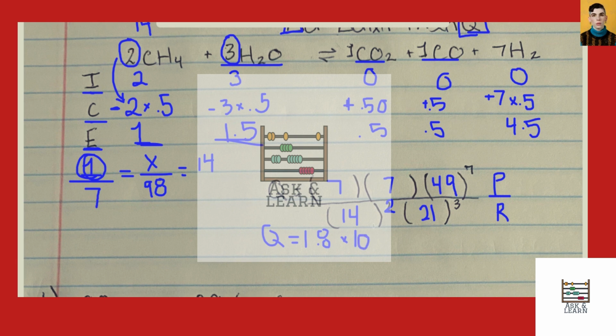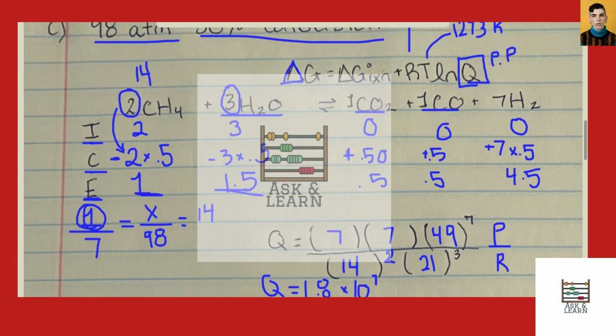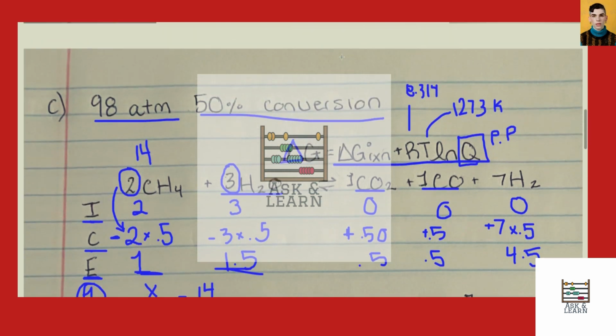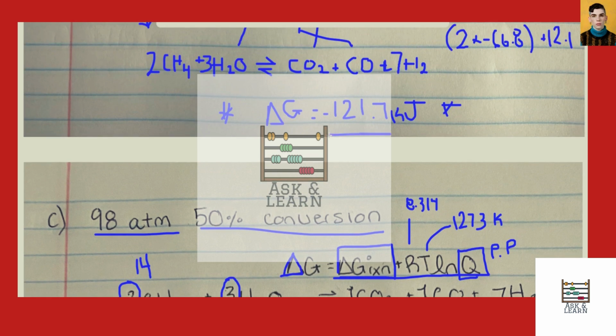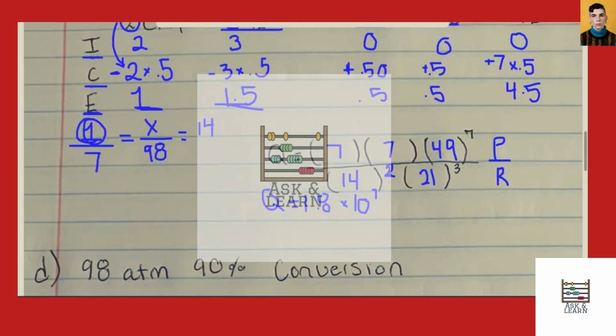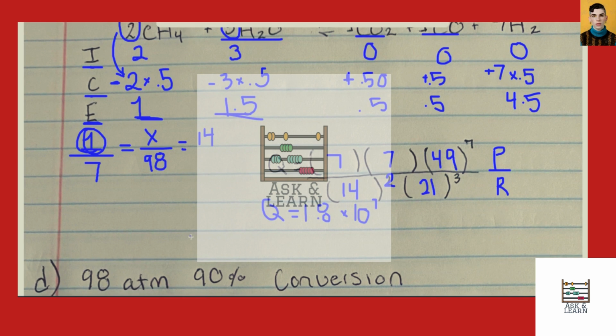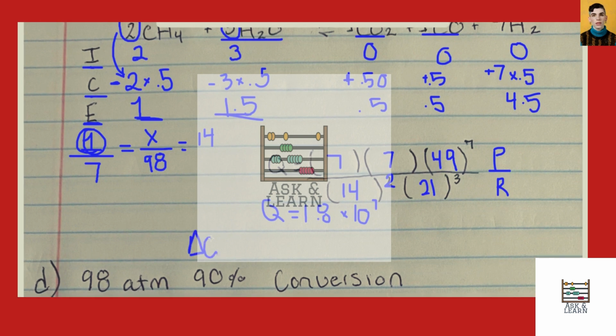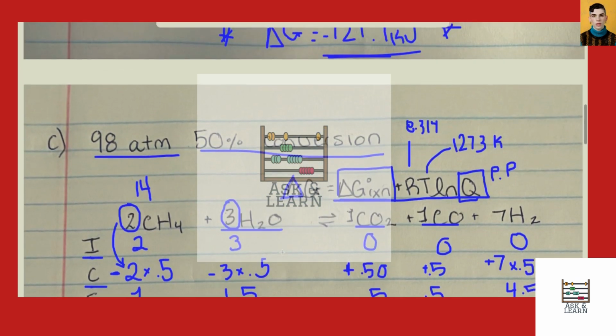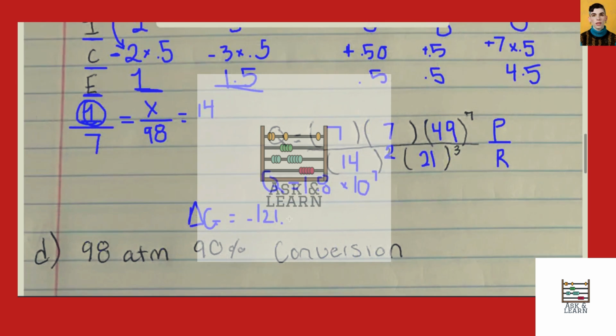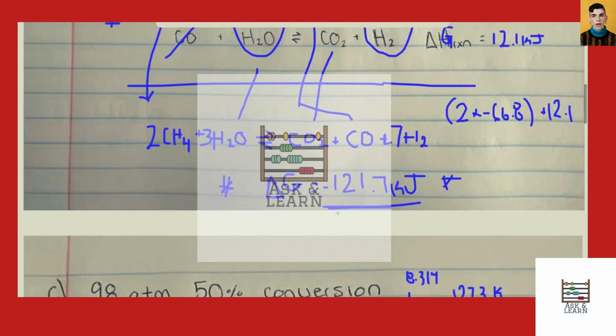All right, now we can plug this back into this equation here because we know everything. Again, we solved for this delta G of reaction in the last step. So plugging everything in, sorry, we don't have too much space left. Delta G equals delta G standard, which was negative 121.7, plus, oh, and you know what?